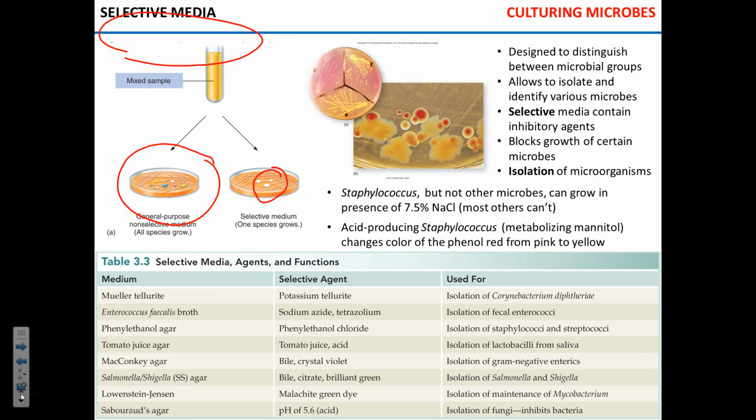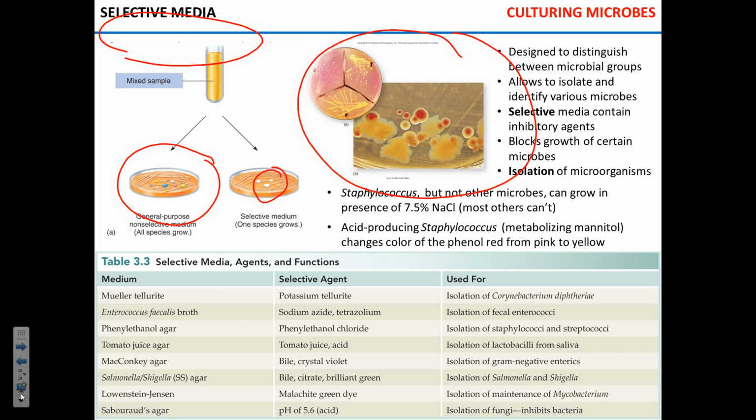One of the selective media that we're going to work with is mannitol salt agar, MSA. It contains two chemicals, as you can tell from the name. One is mannitol, and the other one is quite literally salt, sodium chloride.